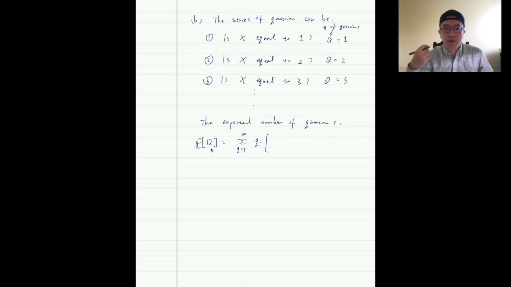So now we want to compute the expectation of Q. That equals Q multiplied by the probability that capital Q equals small q. This probability is the probability distribution of x. You can see that if Q is 1, it means x is 1. If Q is 2, it means x is 2, and so on. So inside it will be nothing but half to the power of q.